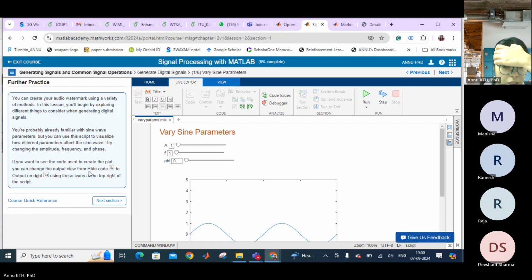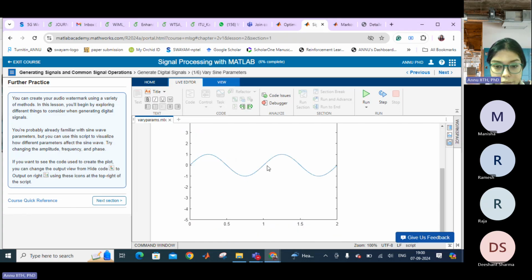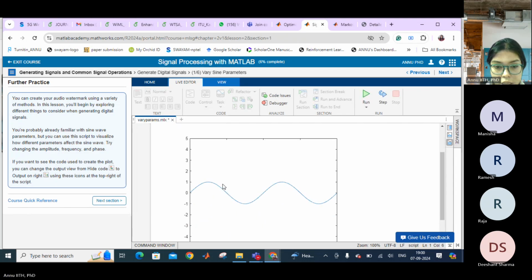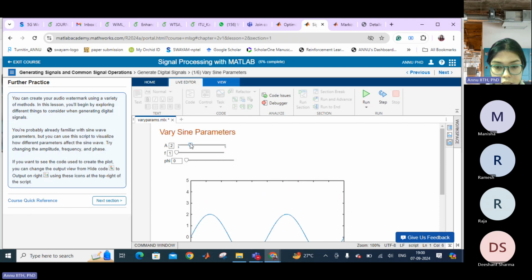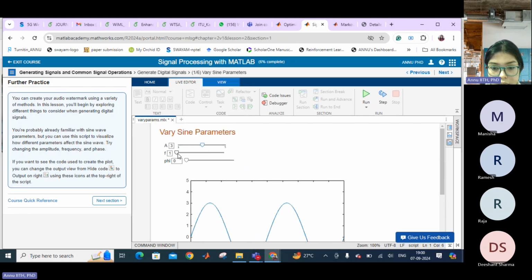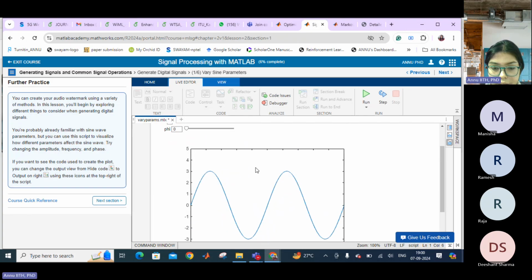Now let's see. This is a sine wave. Now if I change the amplitude, the amplitude is changing. These are physically occurring signals that are analog in nature. Is the frequency changing?